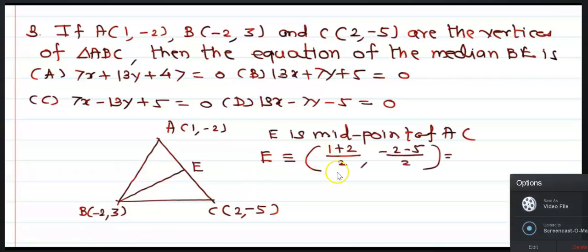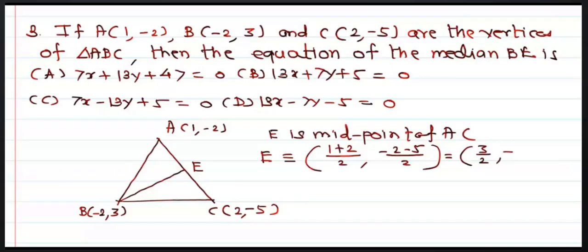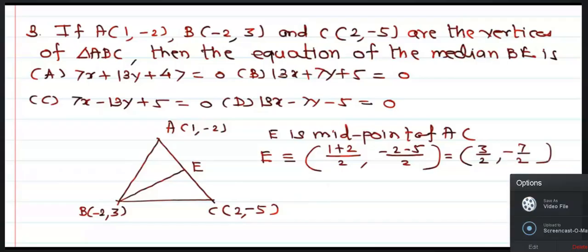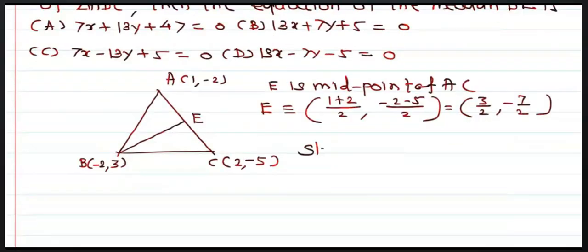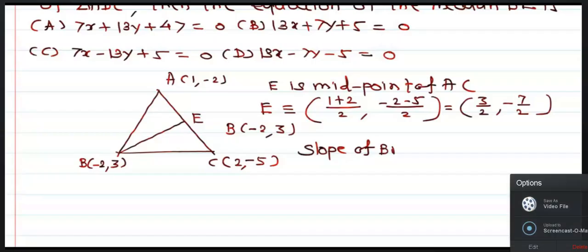That is (1 plus 2) upon 2, (-2 minus 3) upon 2, that is (3/2, -7/2). Now the slope of this, this is the point E and the point B is (-2, 3).